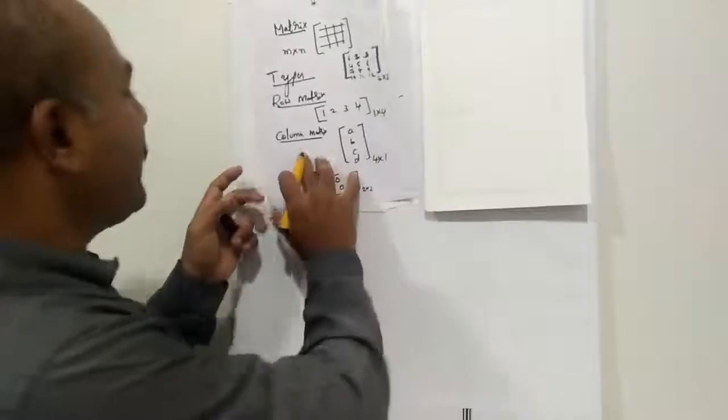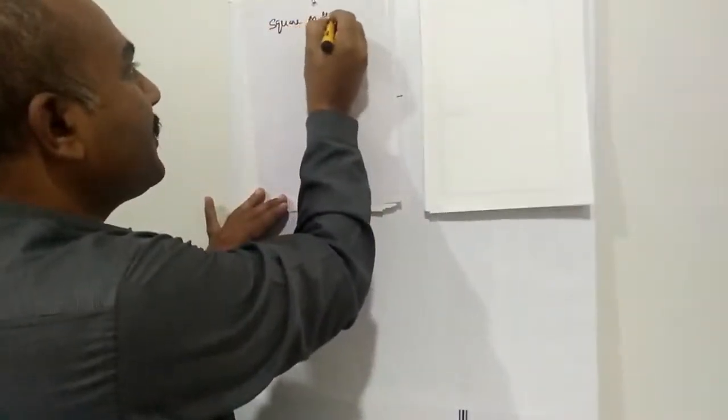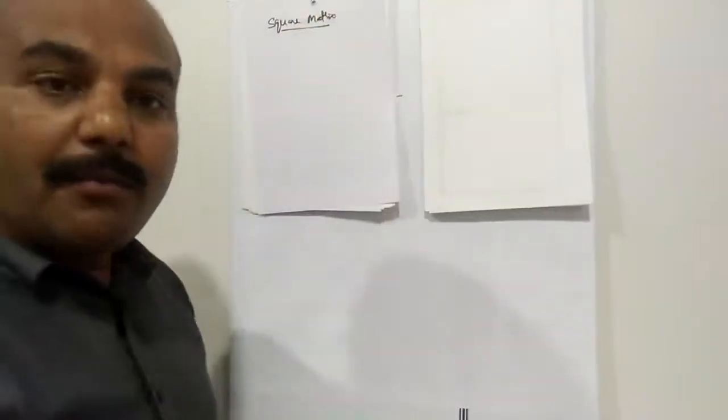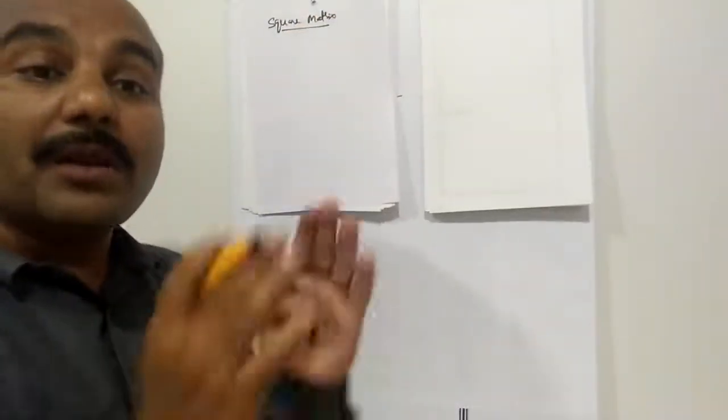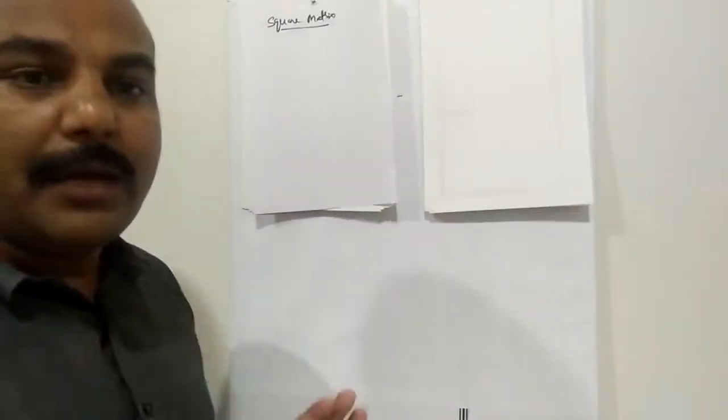What is a square matrix? In a square matrix, the number of rows is equal to the number of columns. Both rows and columns must be equal.